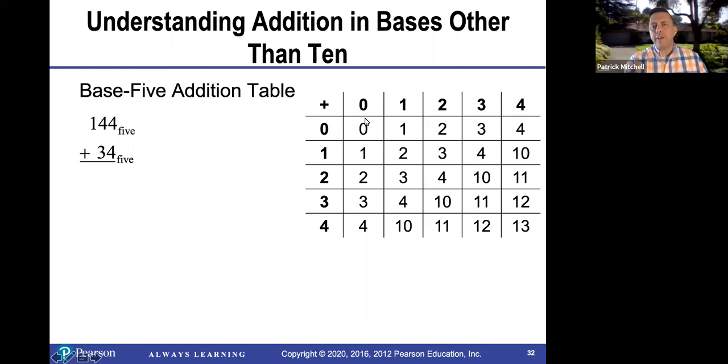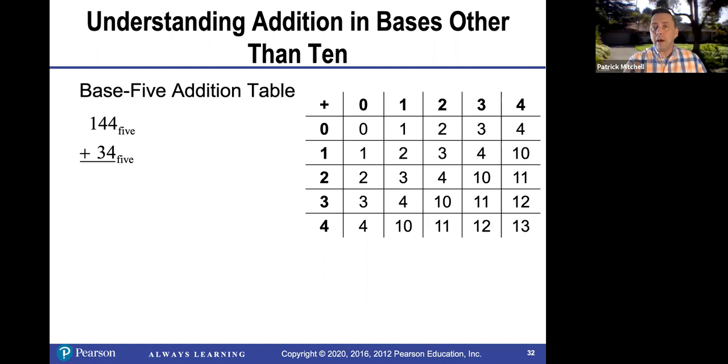So 0 pennies plus 0 pennies is still 0 pennies, 0 plus 1 is 1, 0 plus 2 is 2, 0 plus 3 is 3, 0 plus 4 is 4. No problem at all until you get to 1 penny plus 4 pennies equals, thinking in base 10, 5 pennies, but we're going to trade in those 5 pennies for a nickel.